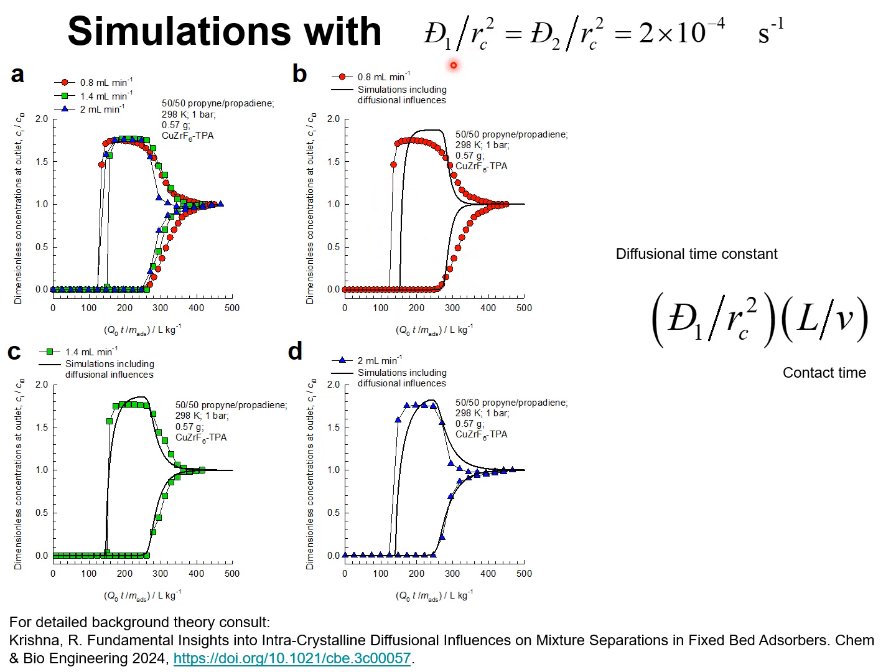I take the diffusional time constants for each of the guests, propyne and propadiene, to be equal to one another and equal to 2 times 10⁻⁴.